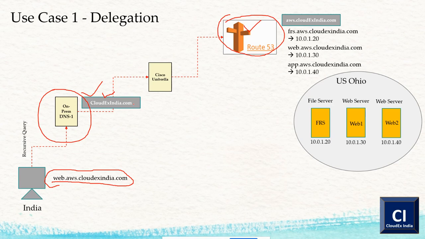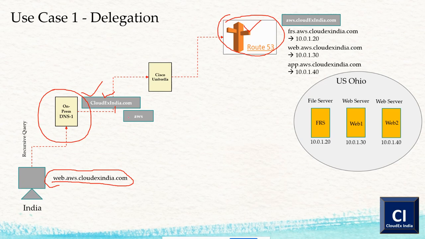So what I can do, since as I said it's a child, we have to create a subzone over here. Okay, I'll create a subzone. Give the name AWS. The moment you give the name AWS, it automatically takes the parent name, aws.cloudxindia.com.